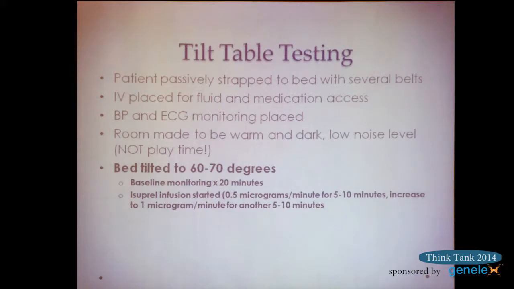So this is a test I don't particularly relish doing. I do this if a patient comes in with symptoms that cannot be explained by simple orthostatic measurements, or they have fainting episodes in very bizarre circumstances, and especially if they have no warning. Most of our patients have a prodrome that they can identify.